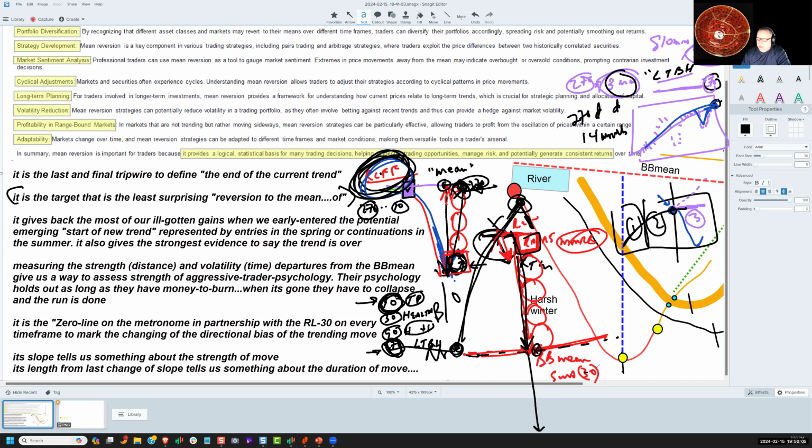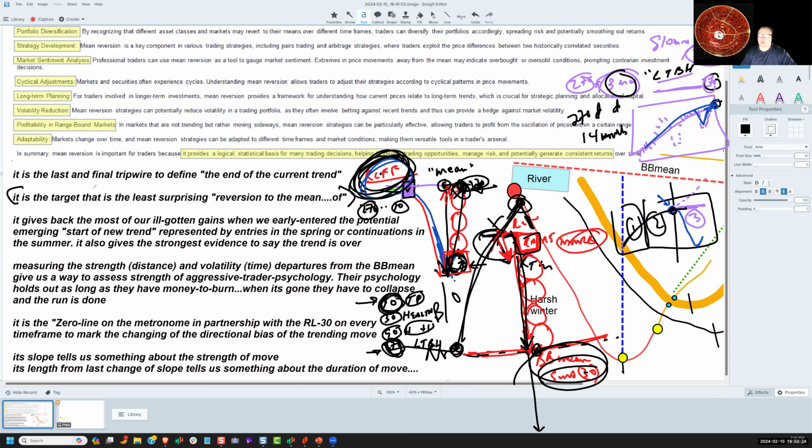In this case, it is actually and technically the Bollinger Band mean. I want you to see that these are very strongly related ideas. They're like brothers. That's how close these things are in relationship to each other.